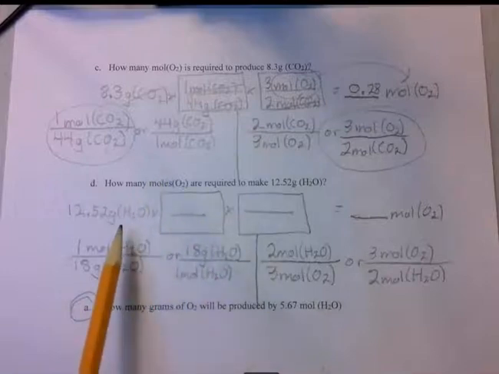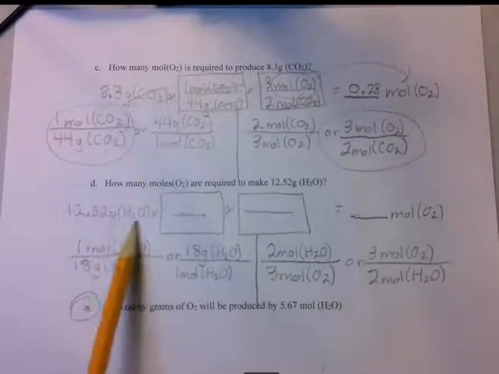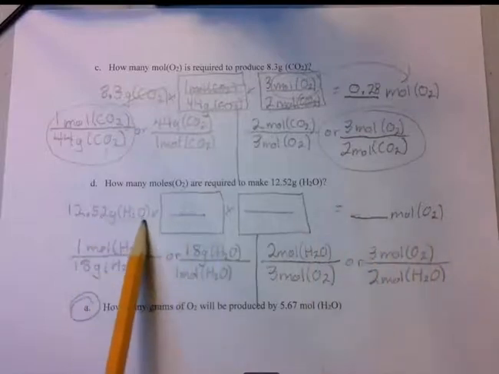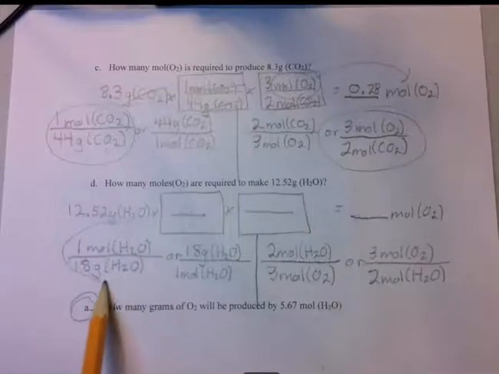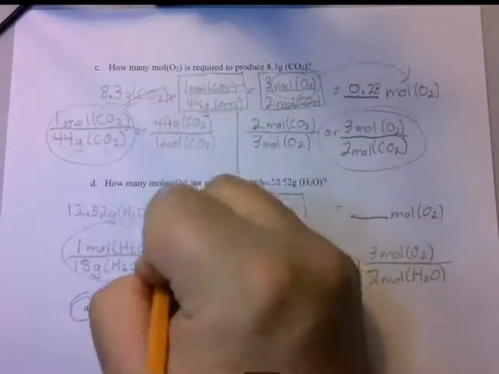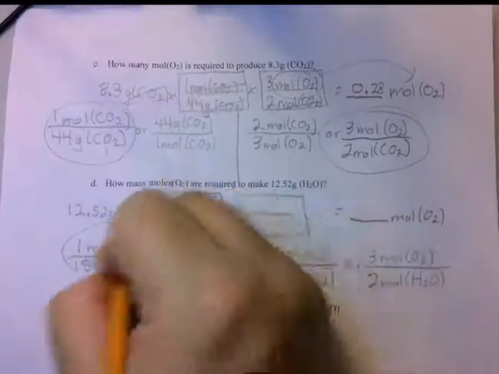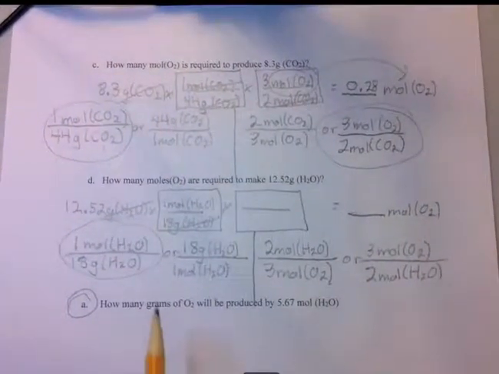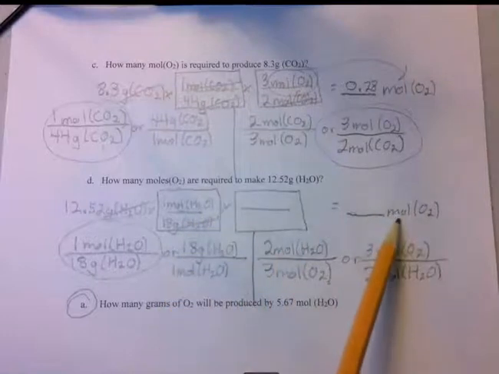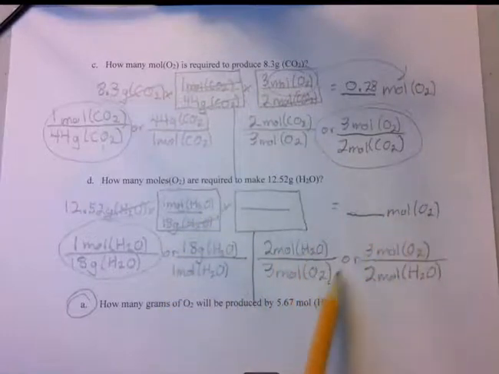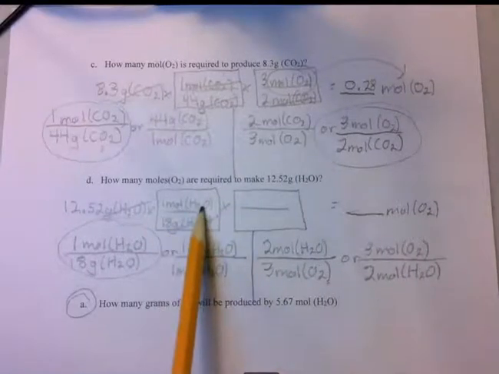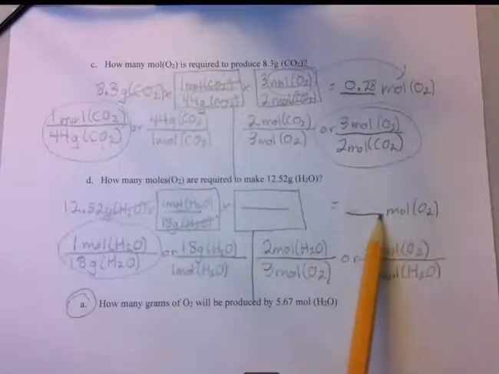Well, the way you judge is you have grams of H2O. That has to disappear because it's not in your final answer. So you need to make that cancel out. So you pick the one that has grams of H2O on the bottom. And those two cancel. Now you have moles of H2O left, and you need to get to moles of O2. So you have a relationship right here. Which one do you pick? You pick the one that makes moles of H2O cancel out and leaves moles of O2 up on the top.